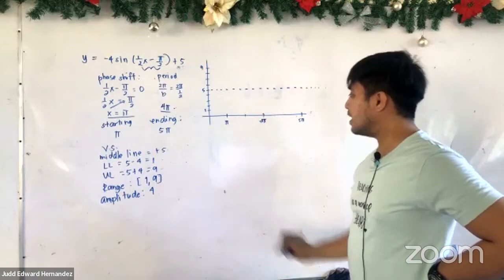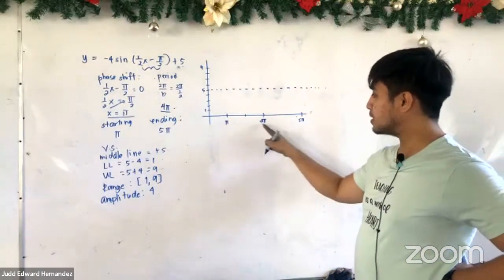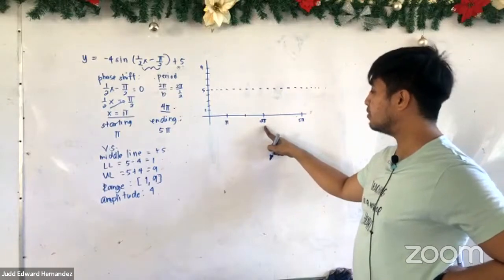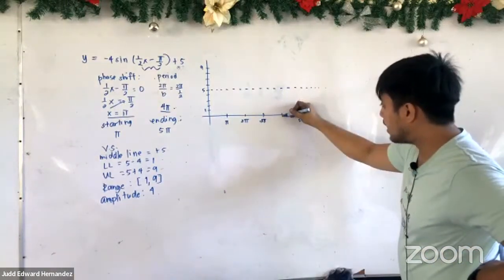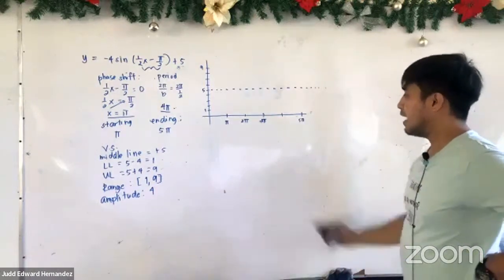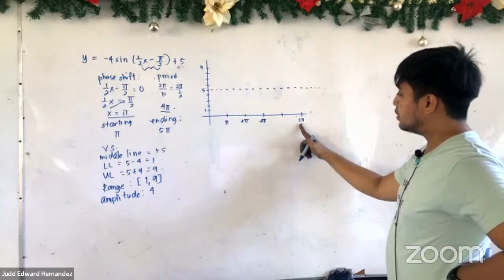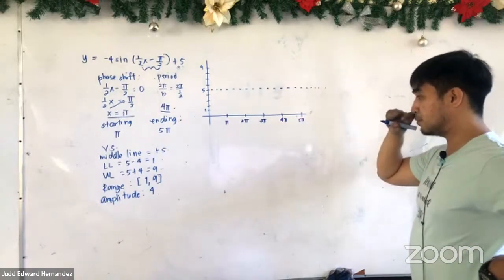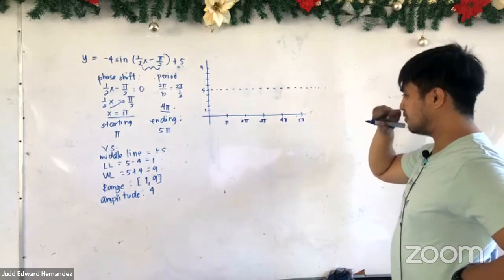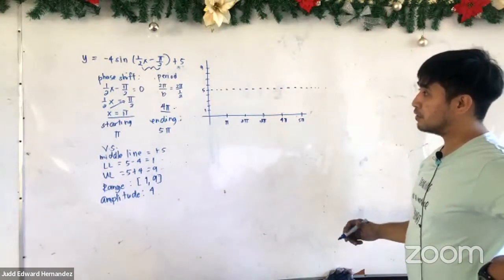What is the middle value between pi and 3 pi? Again, add: pi plus 3 pi is 4 pi, divided by 2, that is 2 pi. And then the middle value between 3 pi and 5 pi, again, add 3 plus 5 is 8 divided by 2 is 4. This becomes 4 pi. And these will be the meaningful x values for our graph of the circular function.